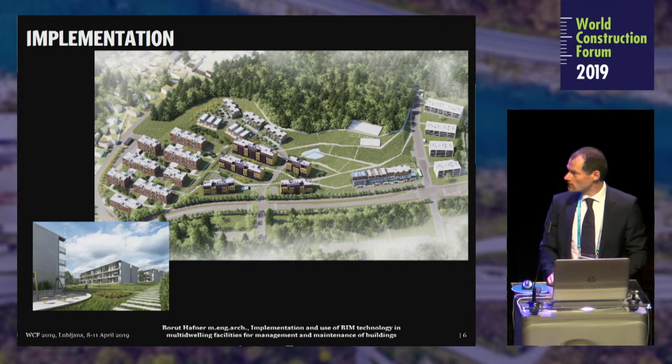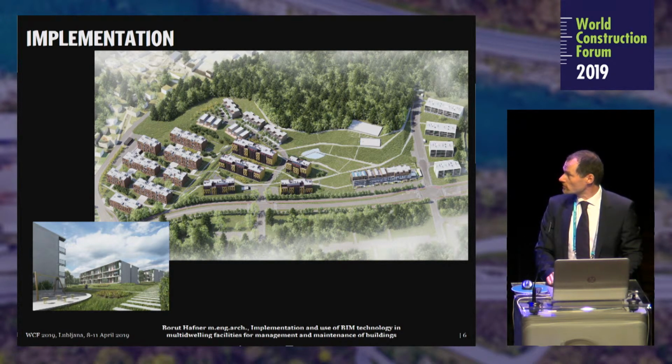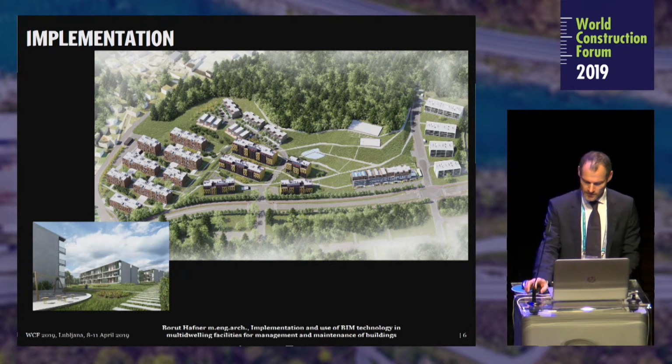There are around 100 apartments. So we put them for rent in line with the new strategy. This was ideal for starting the BIM approach because you cannot ruin anything, since the buildings were already built.